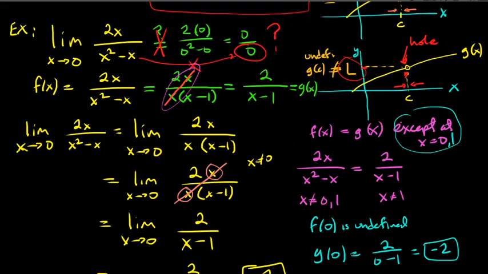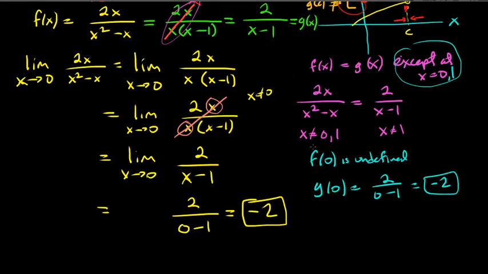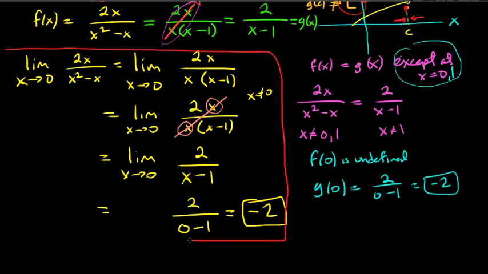Remember, we couldn't get it just by plugging 0 into the original function. When you plug in 0 there, you get 0 divided by 0, which is indeterminate. But the answer is not 0 over 0, it's negative 2. You can get that by doing a little bit of algebra, a little bit of simplifying, and you get the right answer.